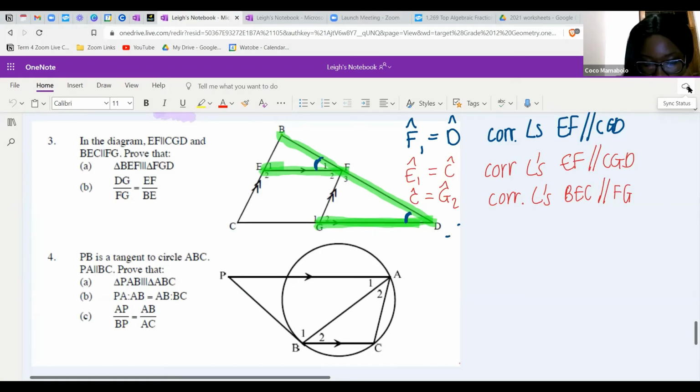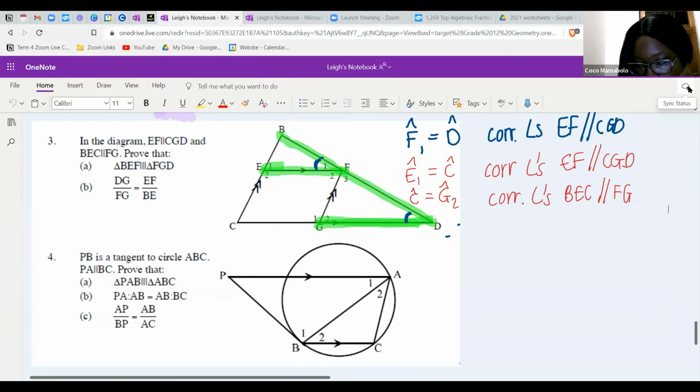And the reason that B equals F3 is because of remaining angles of a triangle, because the angles of a triangle sum up to 180. Quite right. Okay, and then Coco will be able to write, therefore, triangle BEF is similar to triangle FGD.